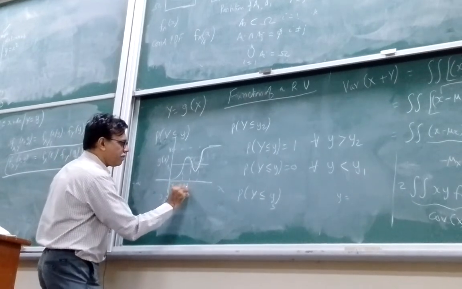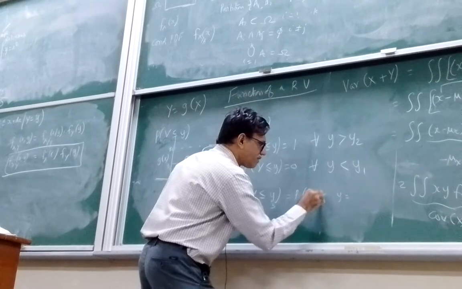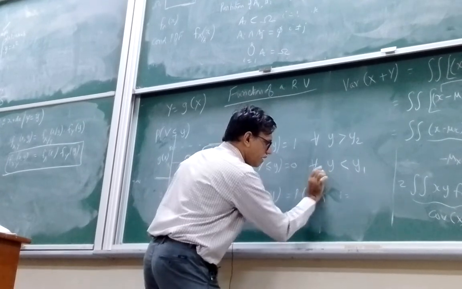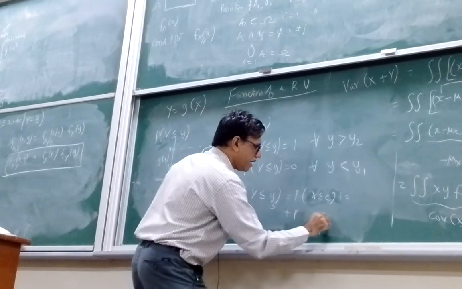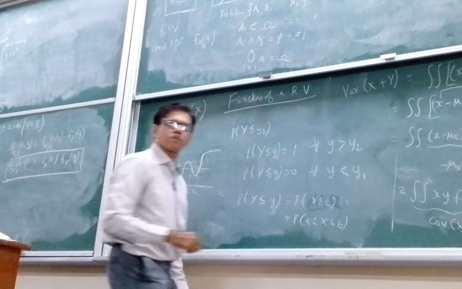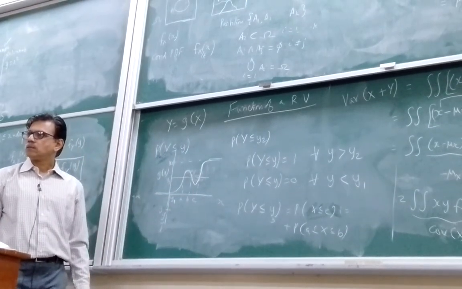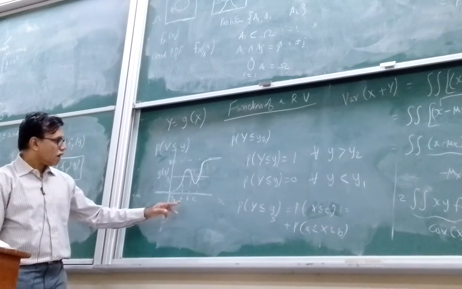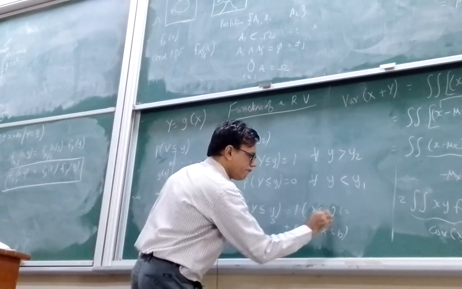I will call these A, B, C. So this is nothing but the probability that x is less than or equal to C, plus the probability that x lies between A and B. This is how we have to find it. Sorry, here this is A, this is B.